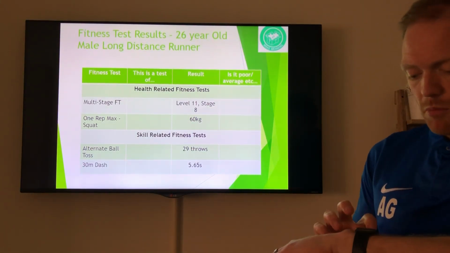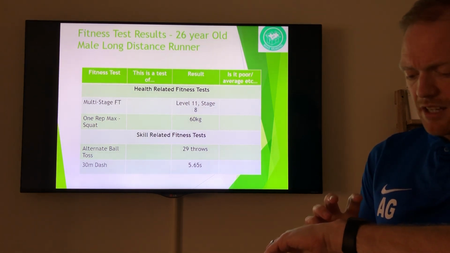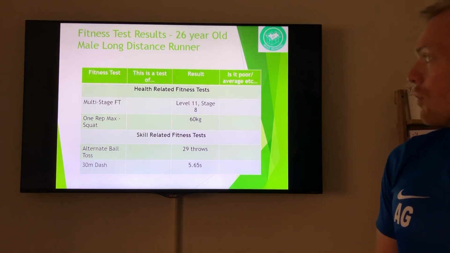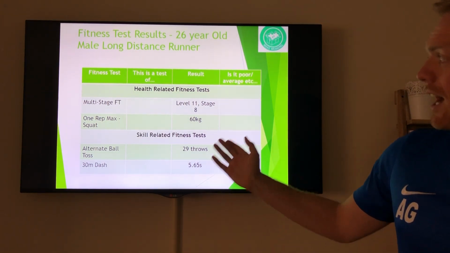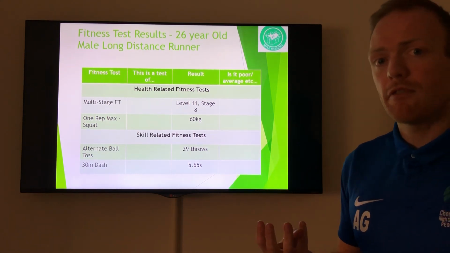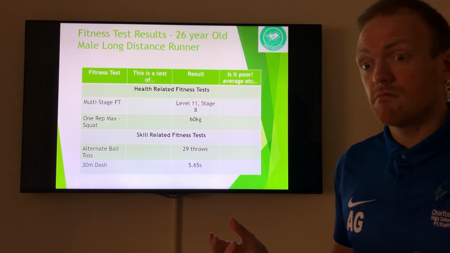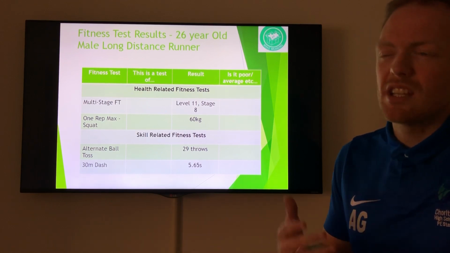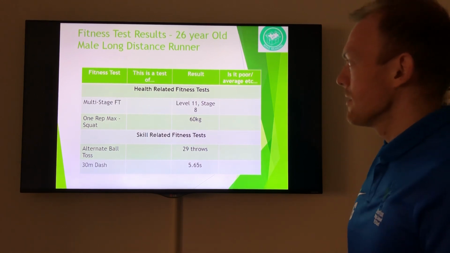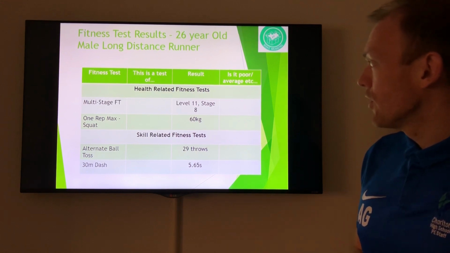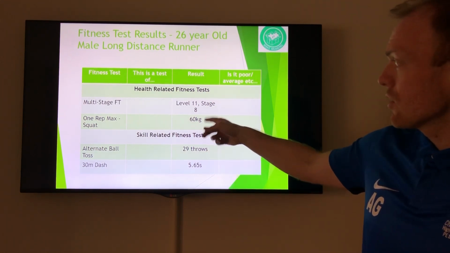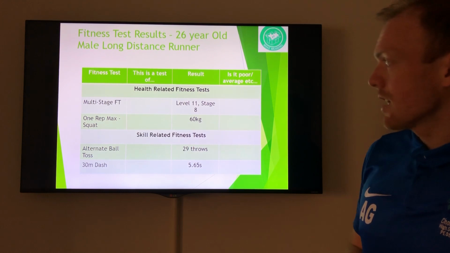All right, we're moving on to the first task. Okay, so I have given you 3 different fitness test results from 3 different athletes. These are examples, they're not official ones. So I've drawn this up for you. You've got your health-related tests, you've got 2 there, and skill-related tests there as well.